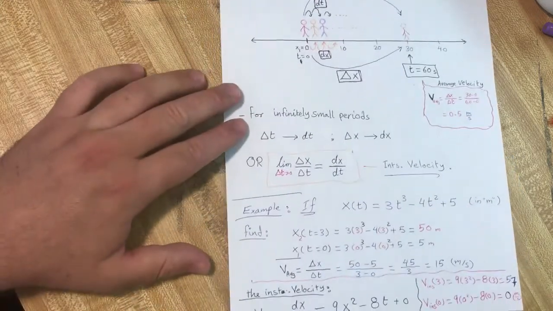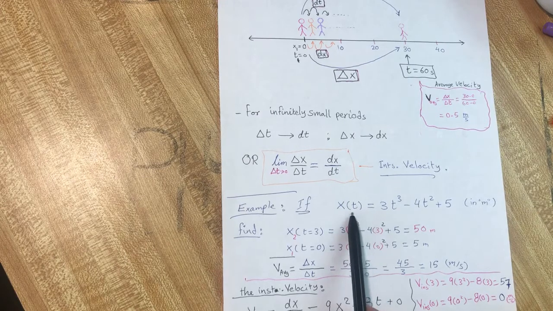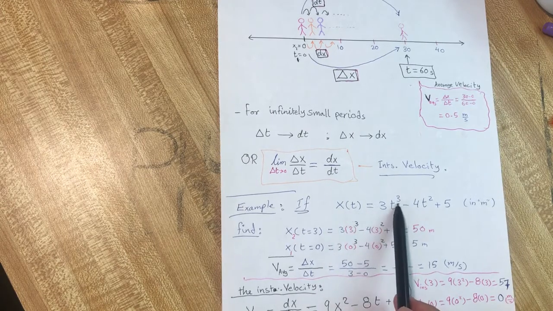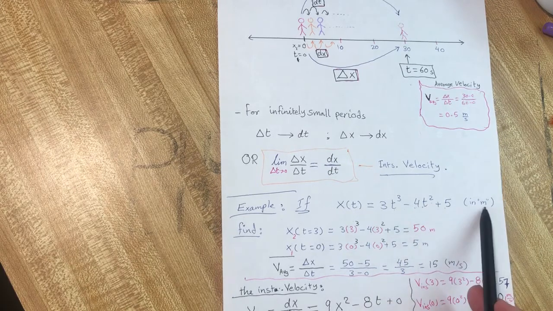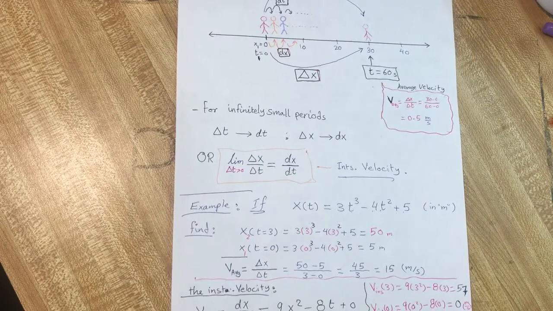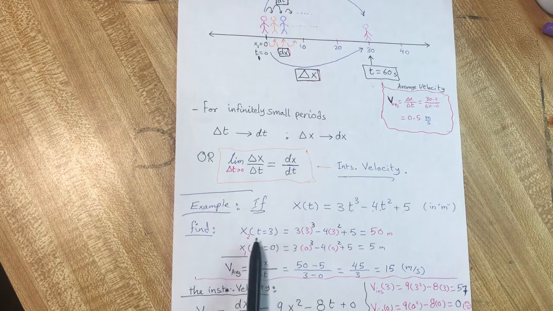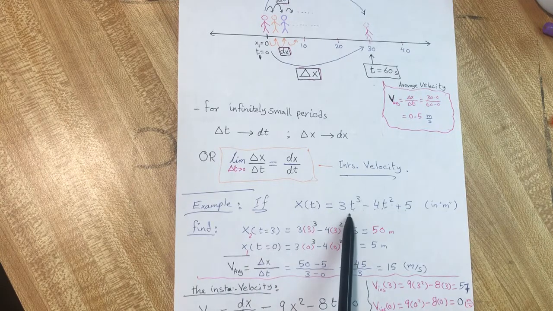For example, take x as a function of t: x of t equals 3t cubed minus 4t squared plus 5, in meters, okay? If I ask you to find the position at time equal to 3 and name it x2, I just need to put t equal to 3 in this function.